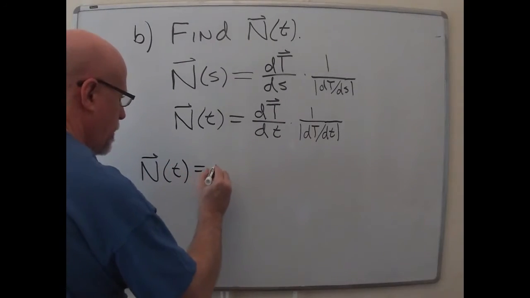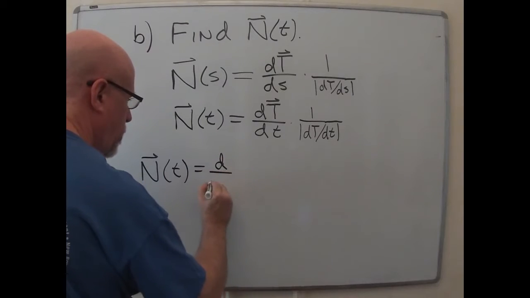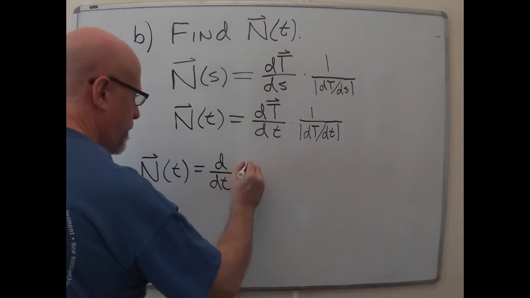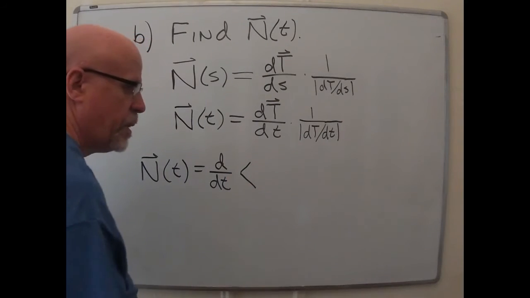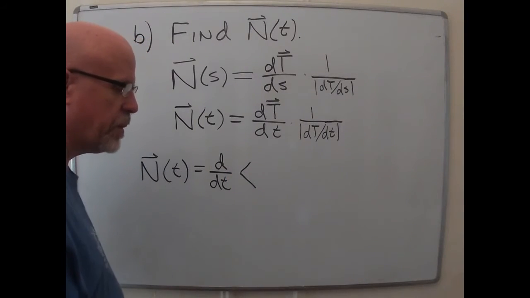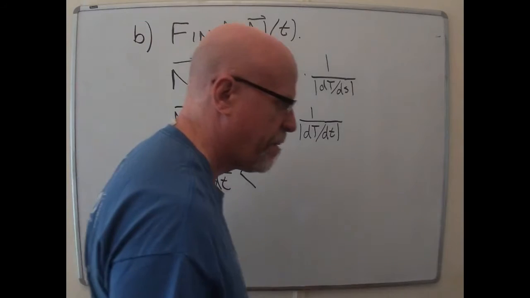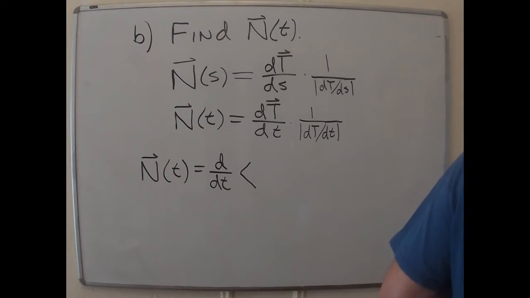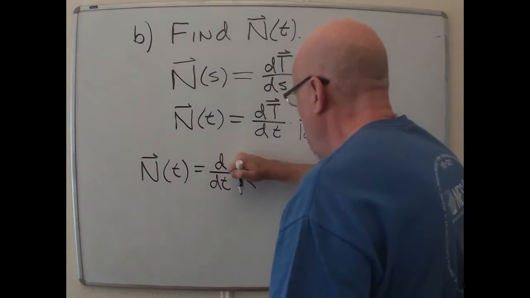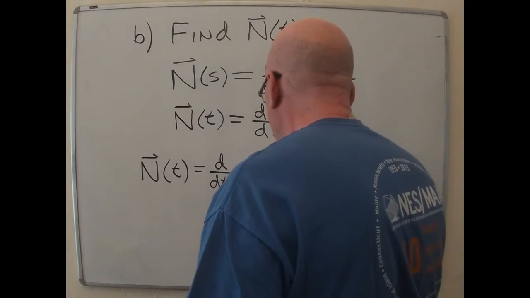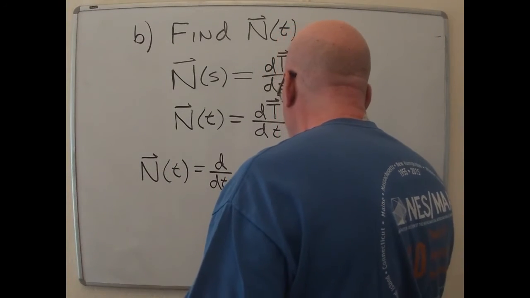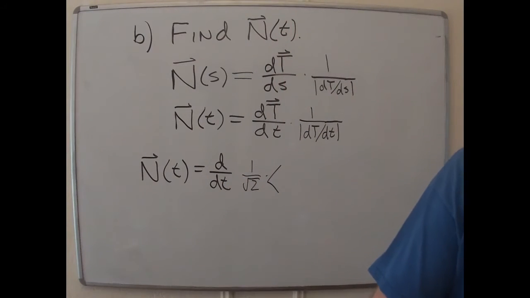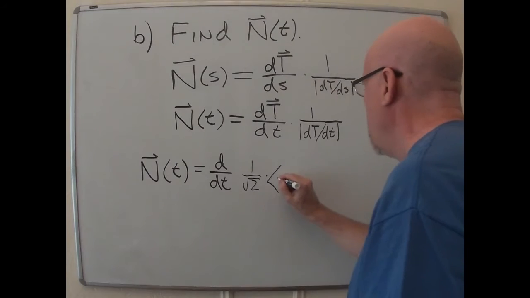Let me just write it because I no longer have that piece on the board. We'll say take the time derivative of this vector, which, darn, I just erased it. What was it? Right, sorry, I had to go look that up. We might as well get that constant in there too. It was 1 over root 2 times minus sine, cos, and 1.